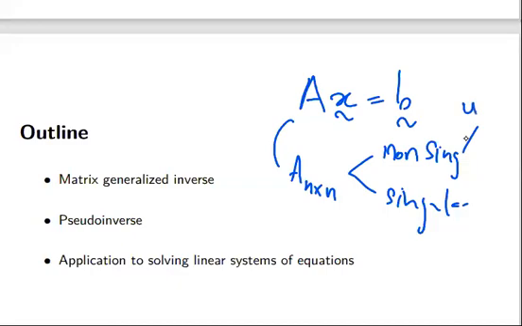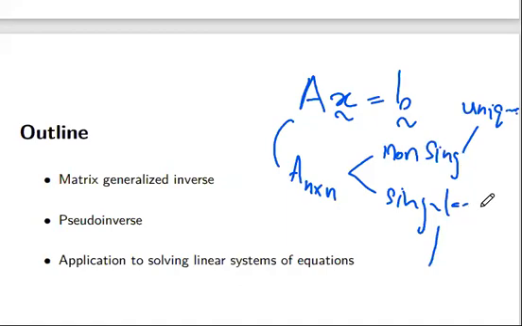That means there is only one solution if this matrix is non-singular.